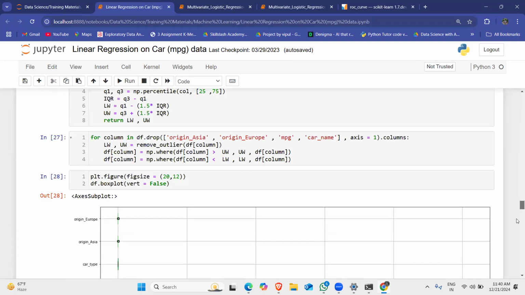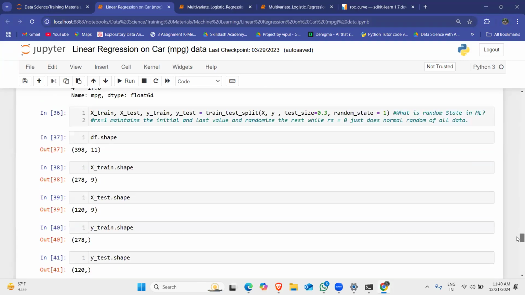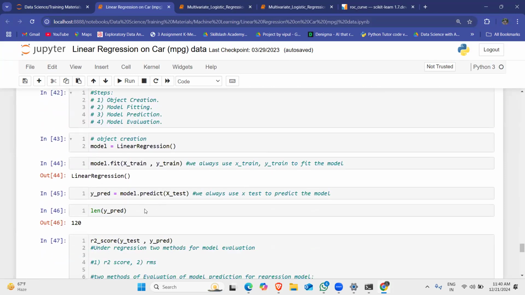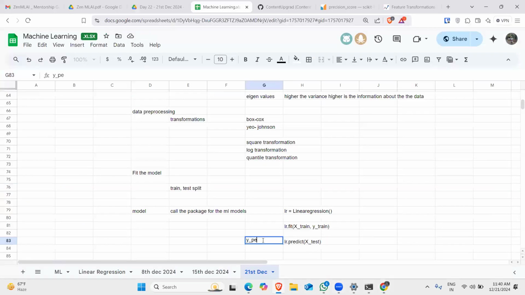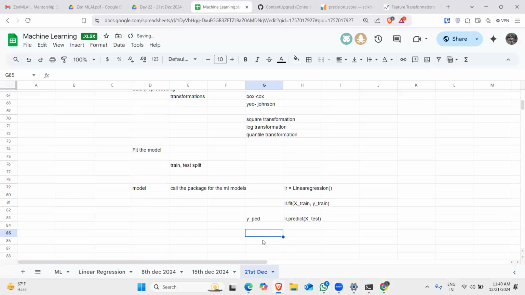So we predict using X_test. Very good. We write y_pred, right? That was missing. So y_pred is equal to LR.predict. And then we'll evaluate the model by using the R2 score between y_test and y_pred, which you have done.